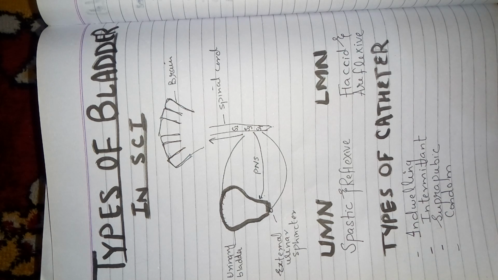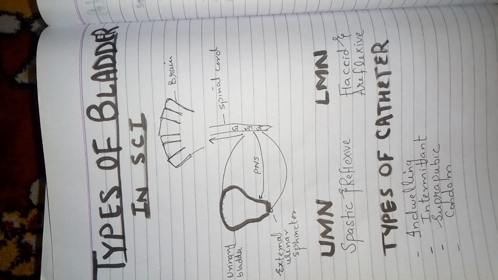Now, when a patient has a spinal cord injury, the functioning of the bladder can change. When there is injury at any level of the spinal cord, the type of bladder that results will depend on the level of the injury.